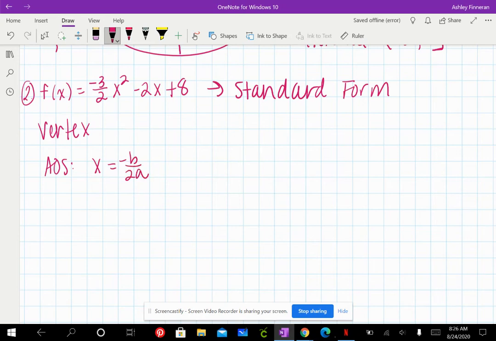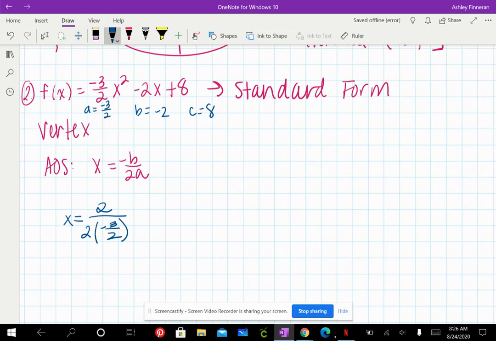Well, for this, a is negative 3 over 2, b is negative 2, and c is 8. So then I am going to do x equals negative b, so that would be positive 2, or the opposite of b, you can think of it, over 2 times negative 3 over 2.